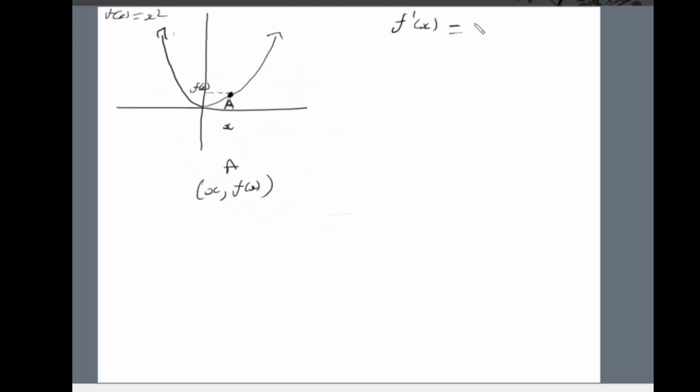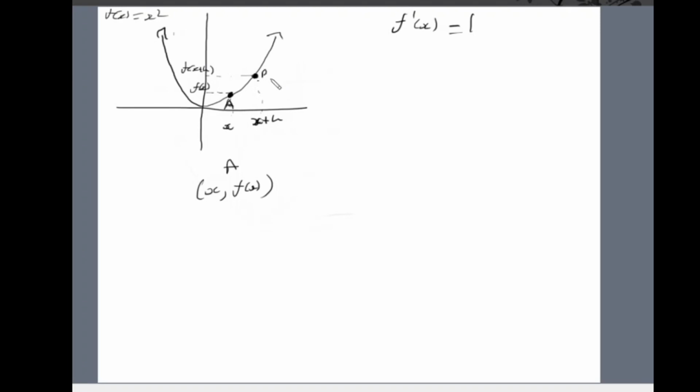So we are interested in calculating the gradient of the curve at this point. To do that, we pick another point, x plus h. Let us call it point B. That will be f of x plus h.